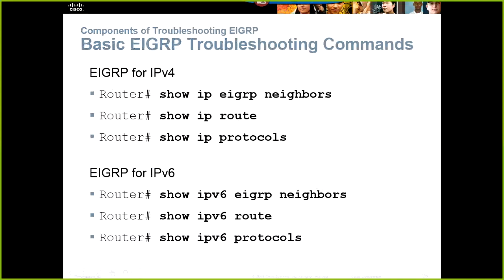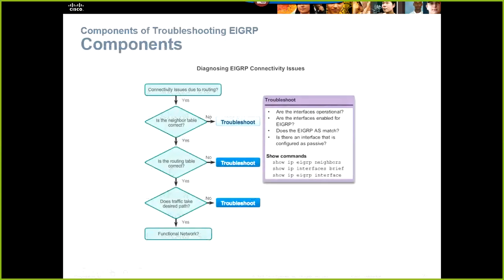Very important, guys. These commands, make them your friends. Show IP route, show IP protocols, show run. For EIGRP, show IP EIGRP protocols. Notice for IP version 6, the only difference between the commands is that instead of IP, you put IPv6. Otherwise, the commands are the same also for IP version 6.